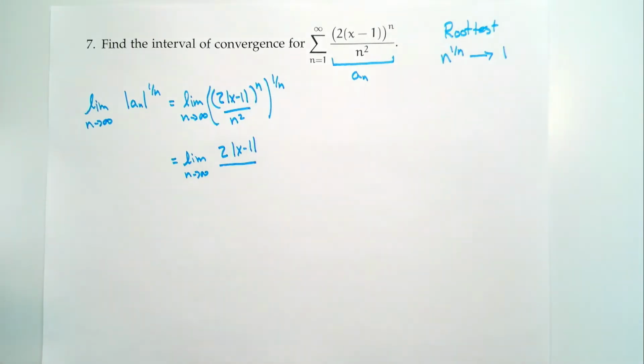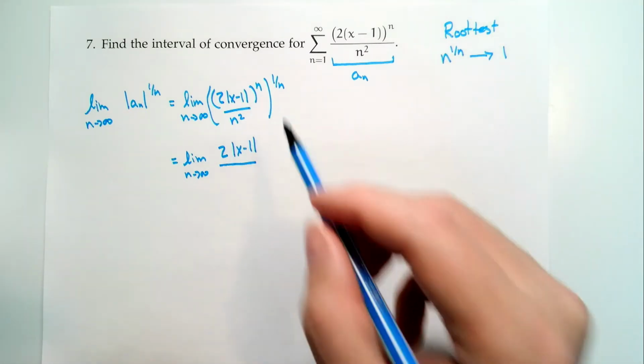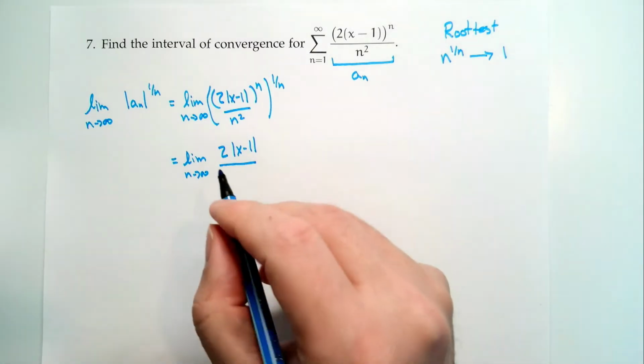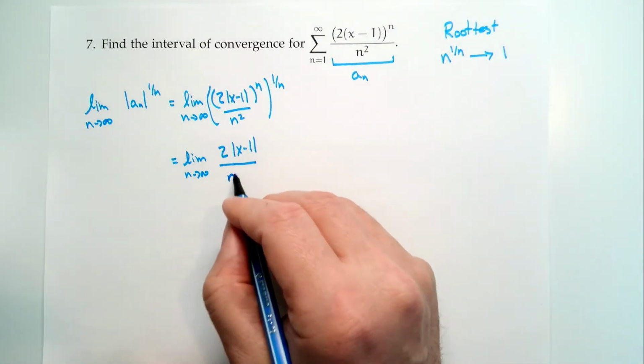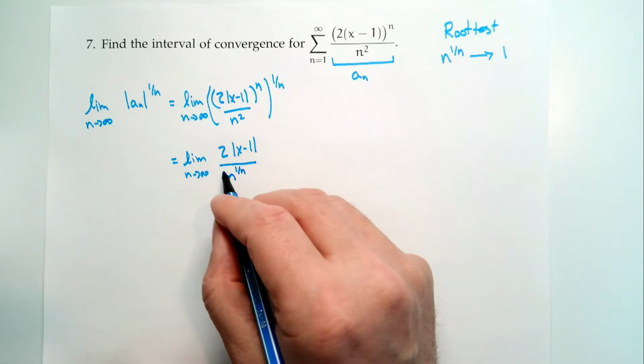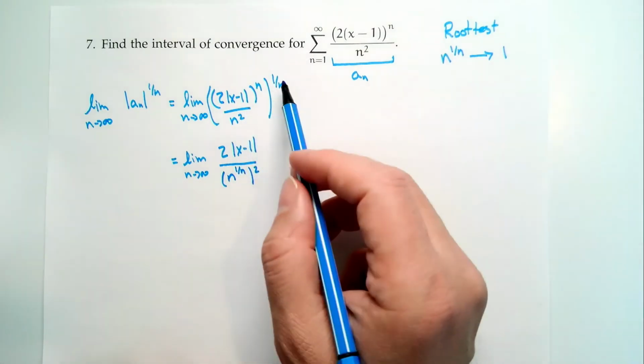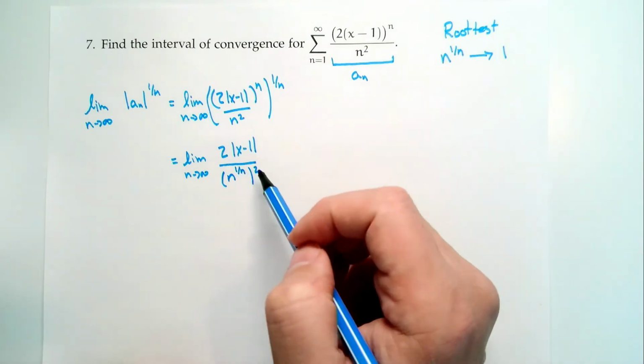Now the thing is, there's a couple things you can do. You can either combine the powers together, or you can choose which order I take my powers in. And here, we can say, well, look, this is like n to the 1 over n squared. So this n to the 2 to the 1 over n is the same as n to the 1 over n to the 2.